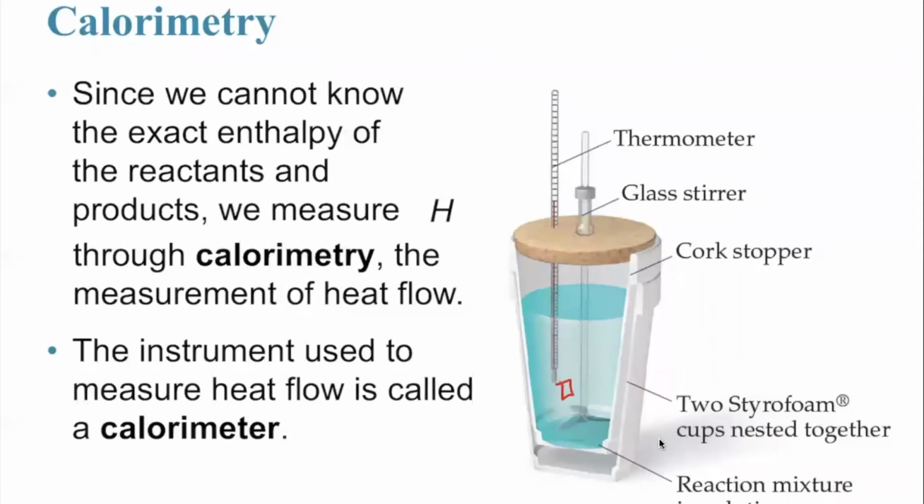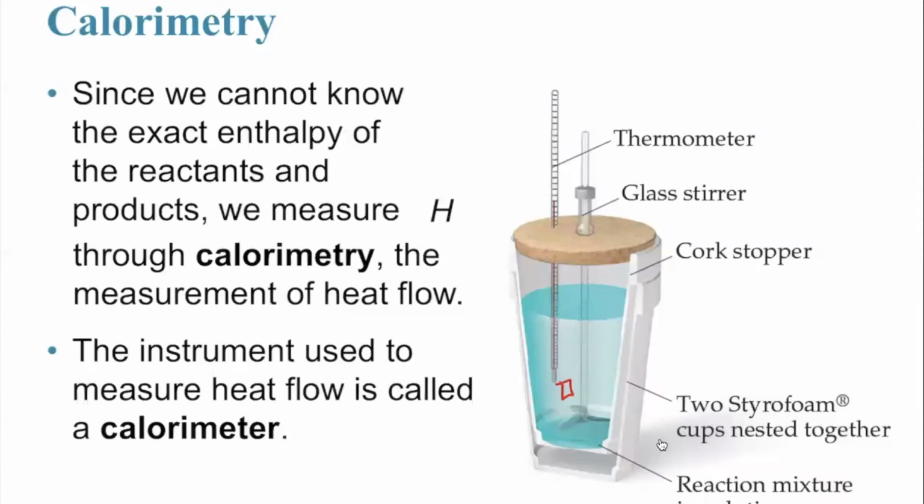The heat that the water gains is going to be the same amount of heat that the metal lost, because we're not going to be losing any. And we're going to go over some examples.